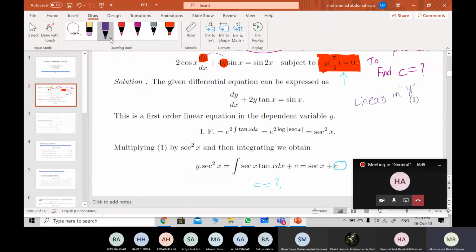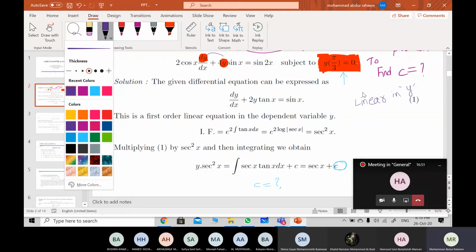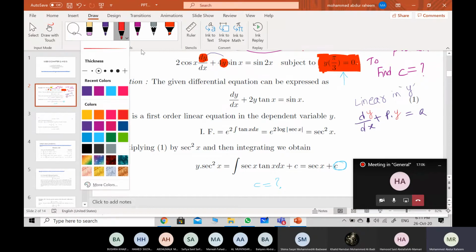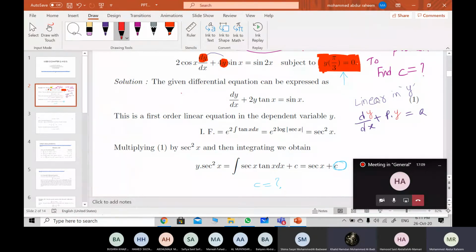What is the general form? dy/dx plus P y equals Q. Here y. That is called linear in this y.